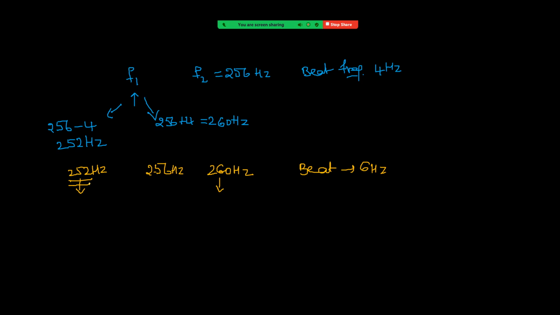So this is the way we have to solve the problem. First get two possibilities, 260 or 252. To verify which one is correct, we use one more condition: adding wax decreases the frequency. On adding wax, the frequency becomes 250, according to the given number of beats. The difference is 6, so it matches.